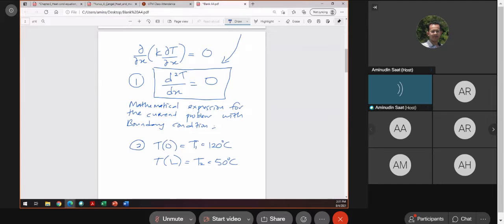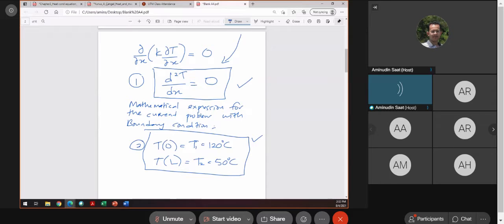So this is your boundary condition. At least you should have two boundary conditions in order to solve the problem. You need to have this and this, then you can solve the problem by doing some differentiation of the equation with the boundary condition.